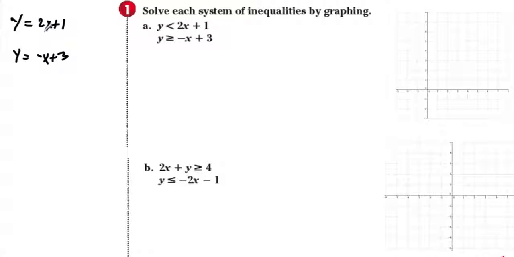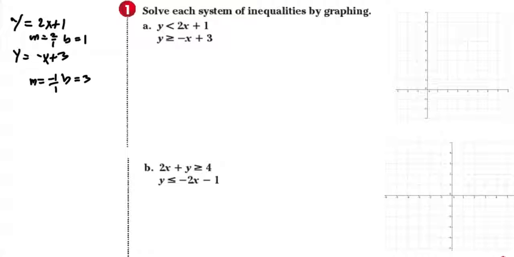In the first equation, our slope is 2 over 1 and our y-intercept is 1. For the second boundary, our slope is negative 1 over 1 and our y-intercept is 3.